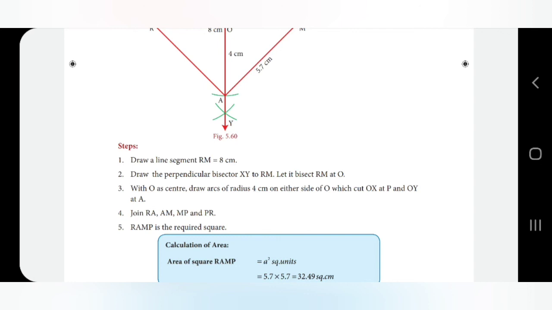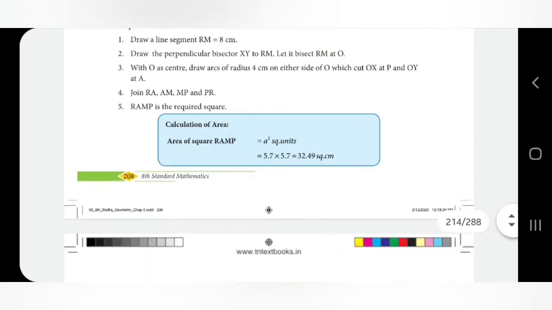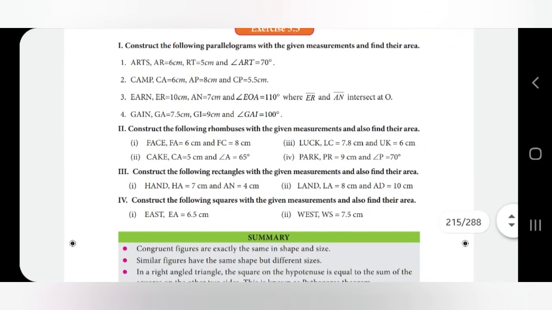I will attach the PDF of these sums along with this video. Go through, draw neatly, sharpen the pencil and draw. While correcting I can see some notes are not neat, so draw neatly. If you have any doubt you can ask me.